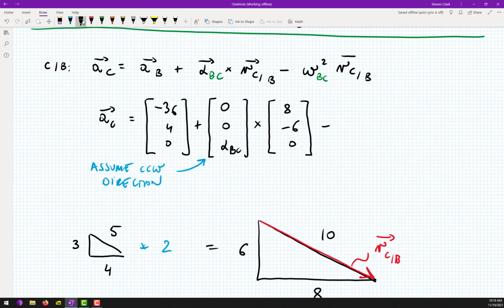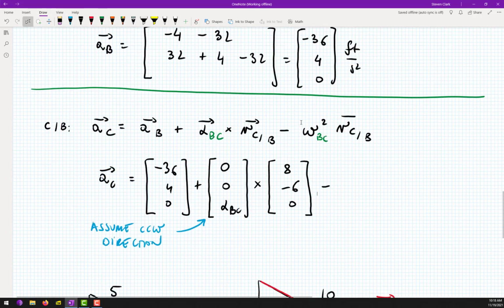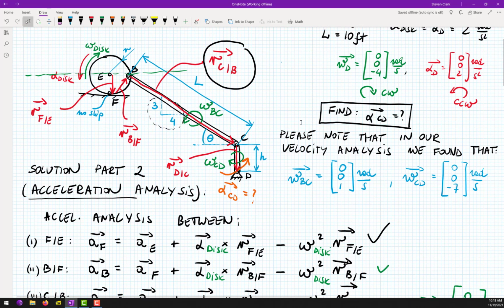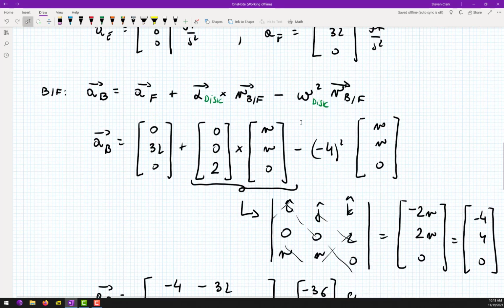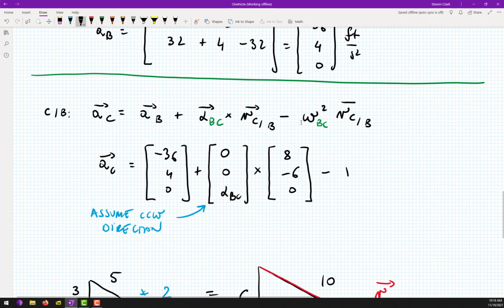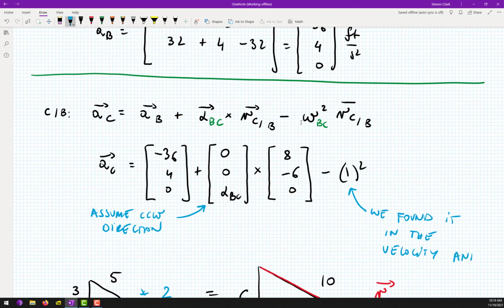Minus omega BC squared. Aha, we found that omega BC in our velocity analysis, before the discussion, so it's going to be 1, 1 squared. And here we have exactly the same vector, 8, minus 6, 0.